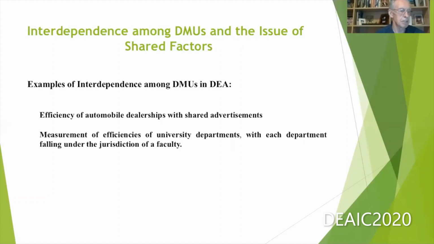A second example is a measurement of efficiency of university departments. Here, each department falls within the jurisdiction of a faculty. Each department in each faculty has its own unique set of inputs and outputs, but at the same time, all departments in the faculty generally benefit from a common resource such as administrative staff provided by that faculty.